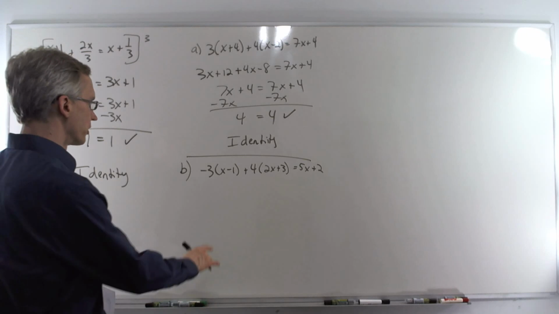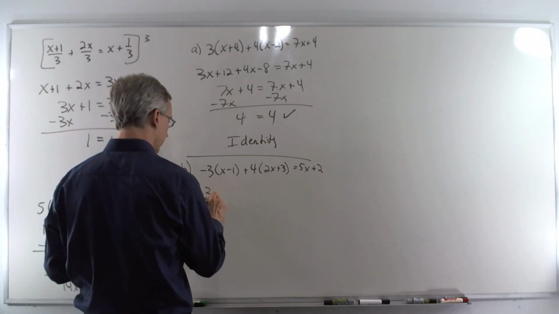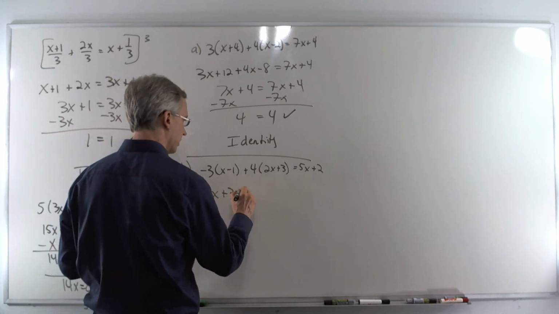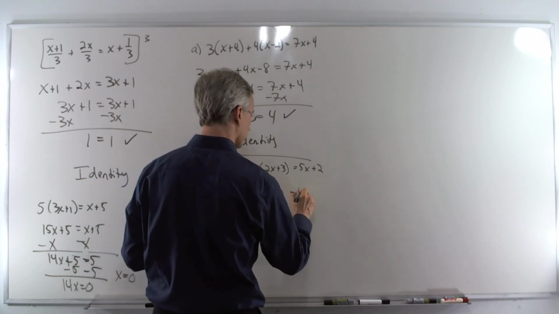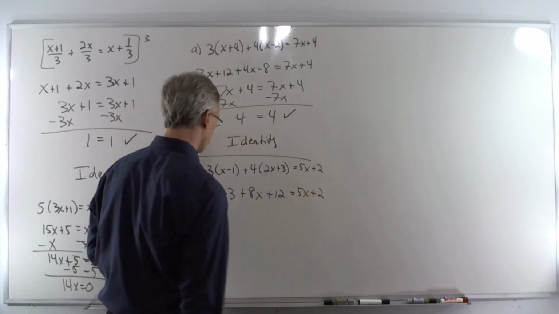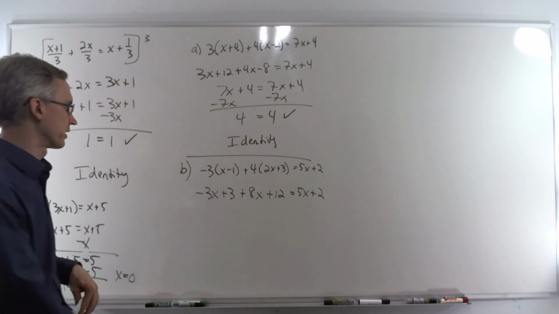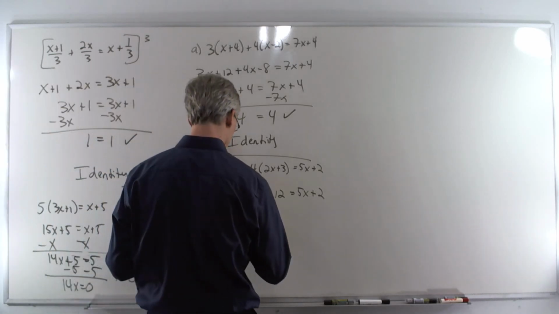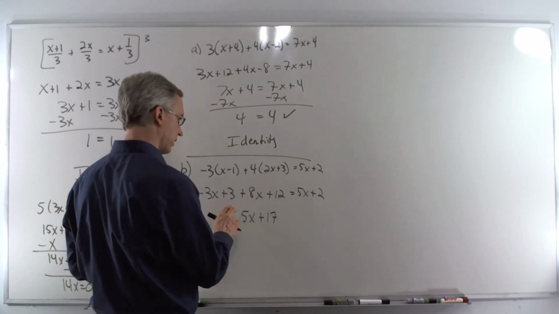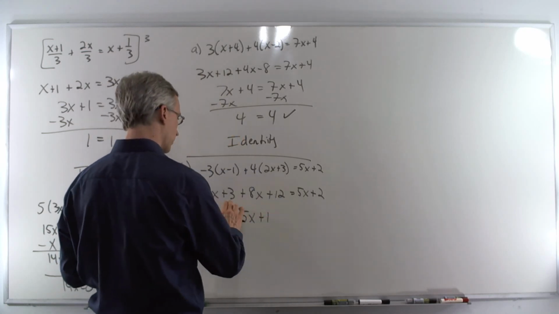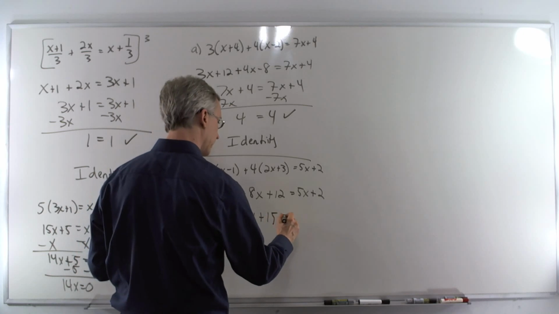So we'll start with distribution. -3 in here, we get -3x plus 3 plus 8x plus 12 equals 5x plus 2. Now we'll combine like terms. -3x plus 8x is 5x. 3 plus 12 is 15.